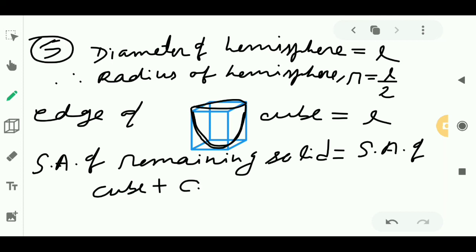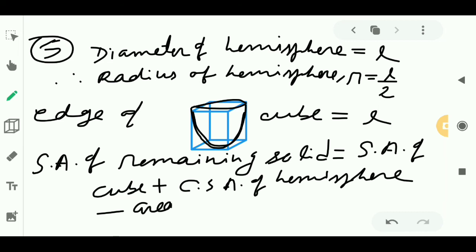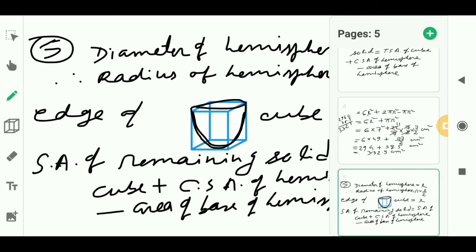So plus CSA of hemisphere. It is like before, the formula is the same, hemisphere. Then minus the area of the base of the hemisphere. So here also the base of the hemisphere is excluded. So now going to put the values, formula first.